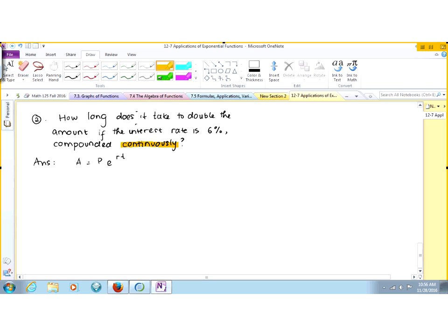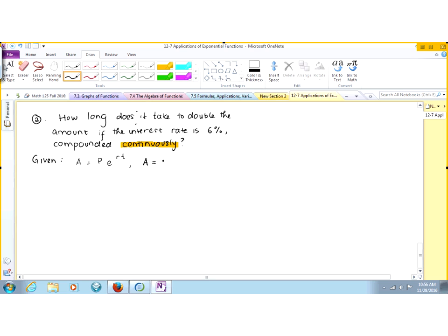Now, what is given to double the amount? So let's write down the given, not the answer. This is the formula. The amount is what?